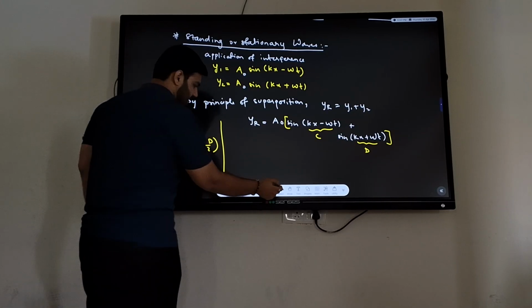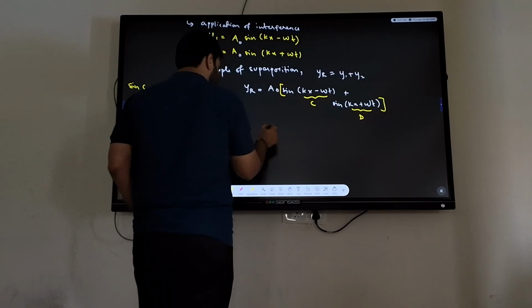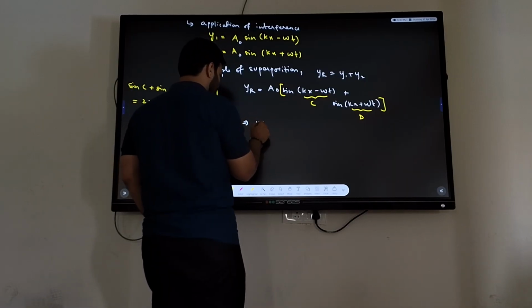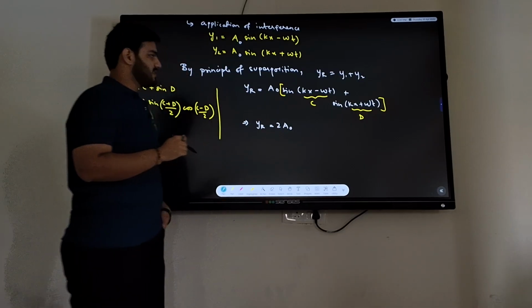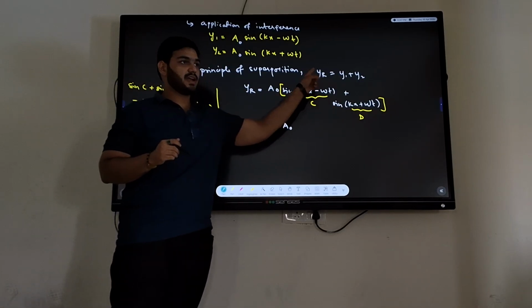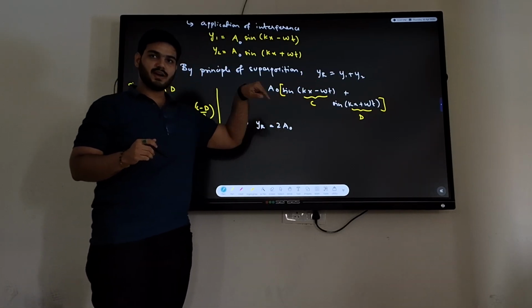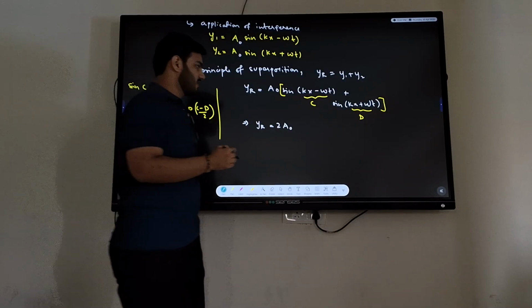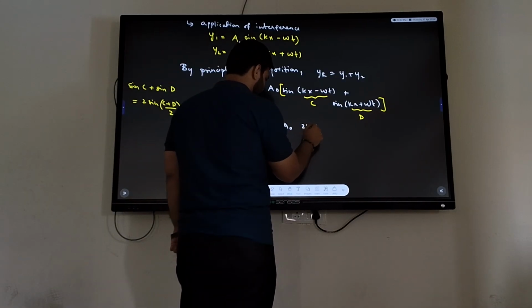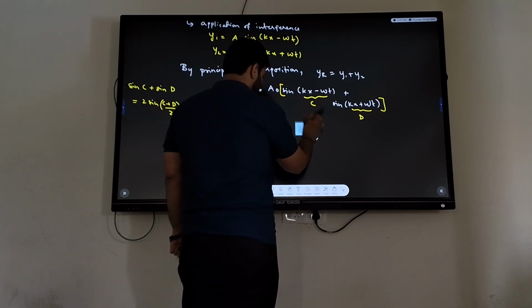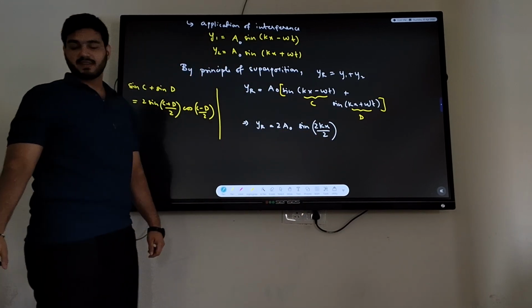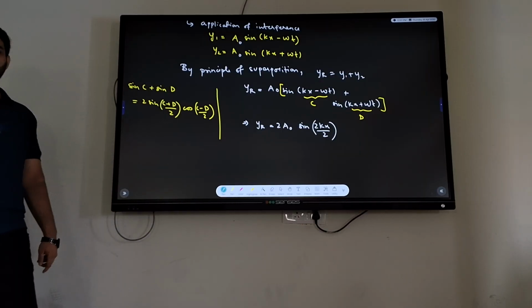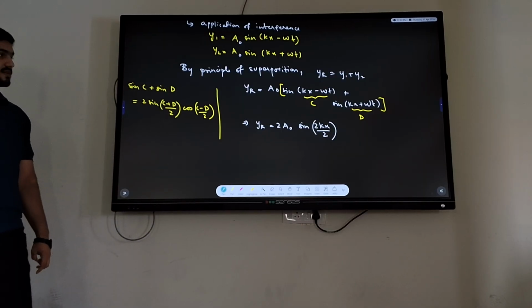If I take that, then what will you get? You will get YR as 2A naught, and then C plus D: when I add these two, omega t cancels and you get 2kx by 2. When I subtract them, I get cos of minus 2 omega t by 2.